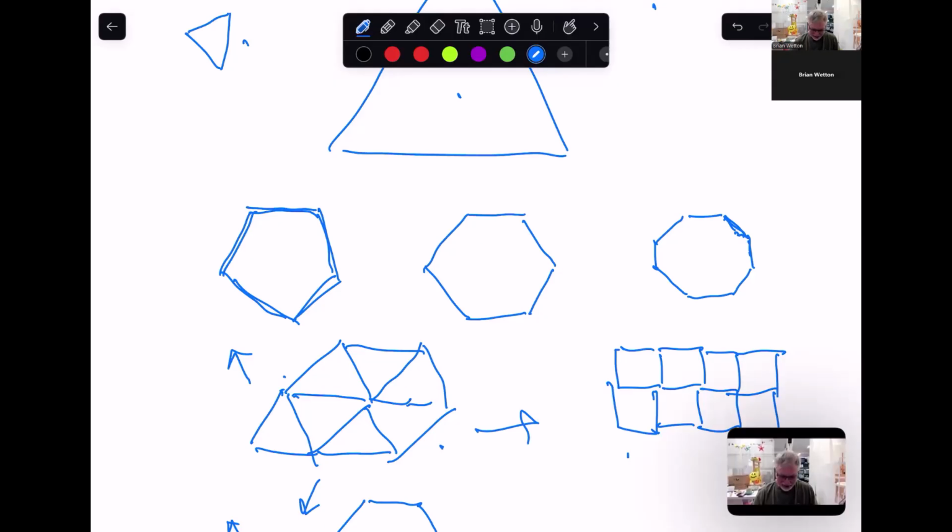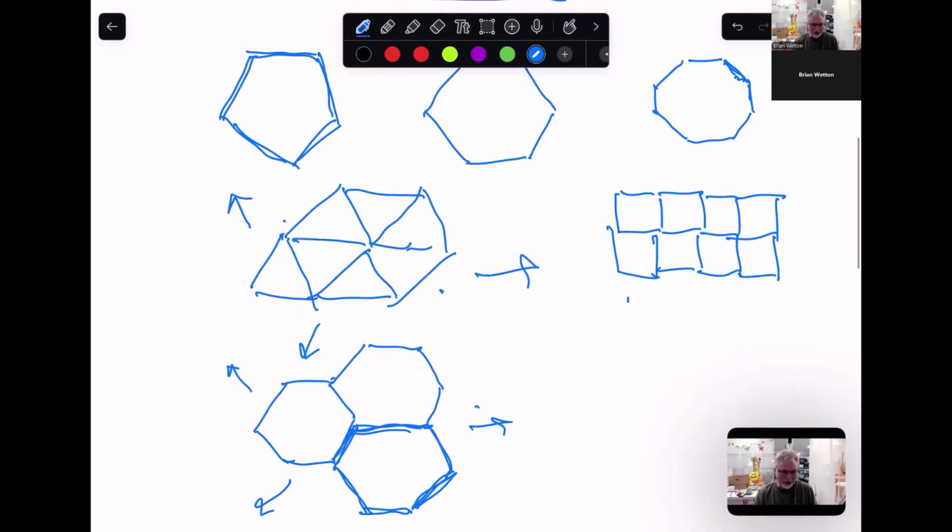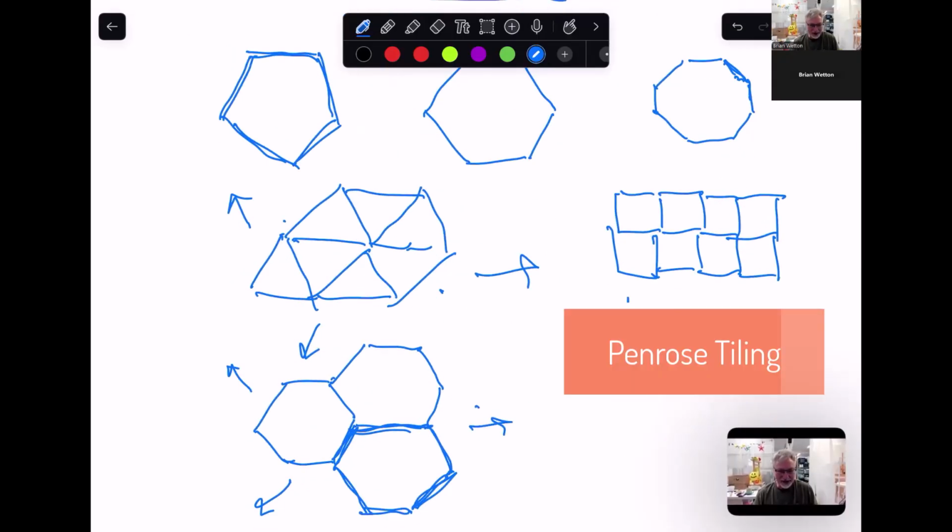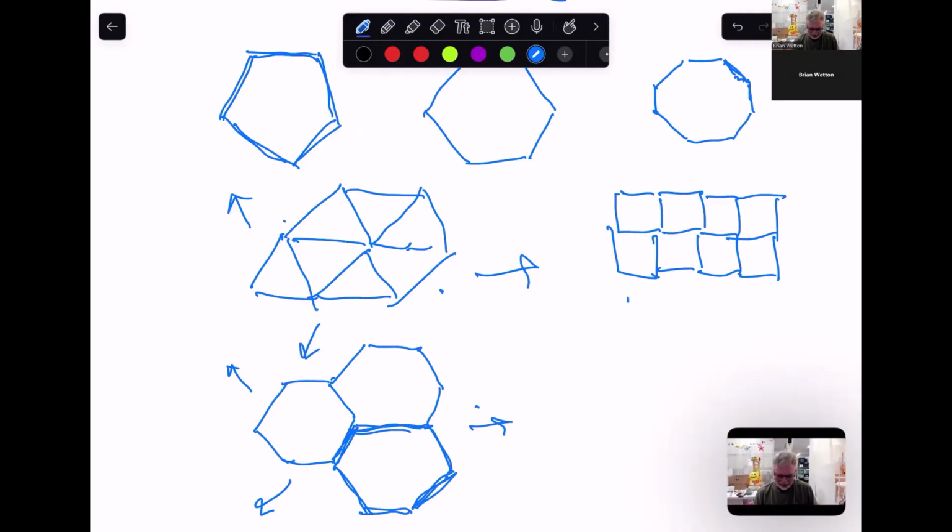Now, if you're interested in tiling, you should check out something called Penrose tiling, which is a really fascinating set of shapes that can tile the plane. So they're not regular polygons; they're different shapes, where the tiling is not periodic in any way. Okay, so we've got these basic shapes.